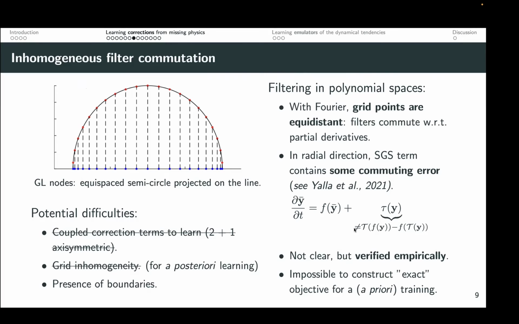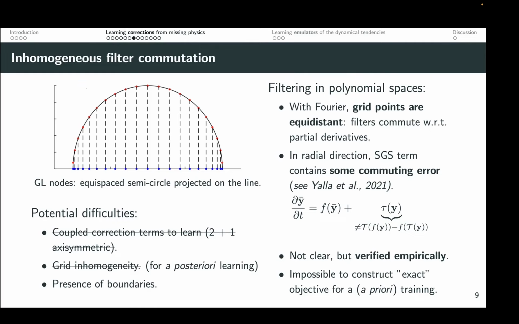What that means is that if you filter this equation and you compute the subgrid field like we did on the QG model, then it doesn't exactly correspond to the subgrid field, and learning a correction based on this would lead to accumulation of error, and so basically it doesn't work.